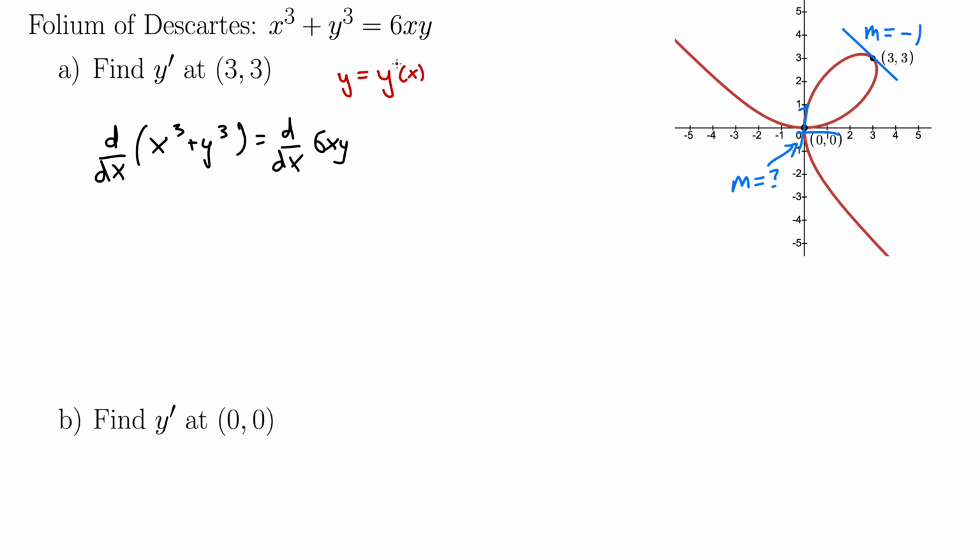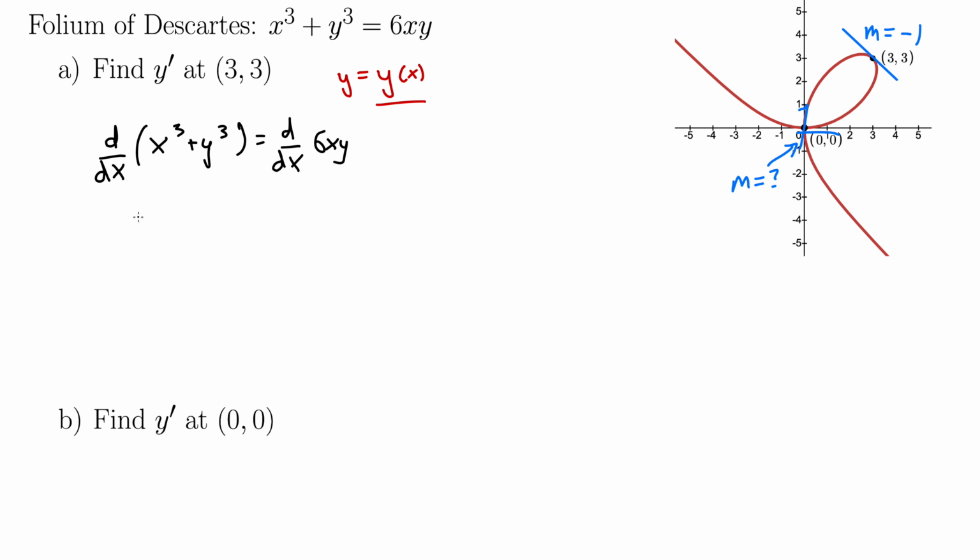So every time we take the derivative across y, we need to apply the chain rule and write an extra y prime in there. So that's the one thing you need to remember for implicit differentiation. The shortcut method: since this dx down below doesn't match the y, we need to add a y prime every time we take the derivative across a y. Again, it all stems from the chain rule.